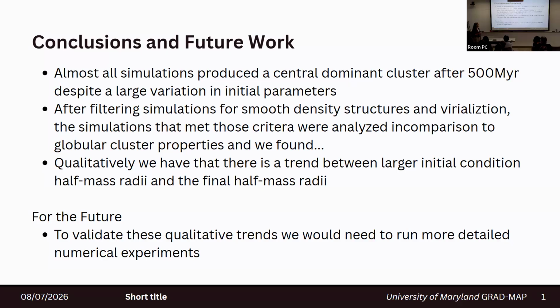Also, qualitatively, we can see that there is a trend between larger initial condition half-mass radii and the final half-mass radii of the resulting cluster. Of course, these are qualitative trends, and we would need to run many more simulations to really corroborate these results, but they're very promising initial results. So future work would include running many more simulations and statistical analyses of these simulations.